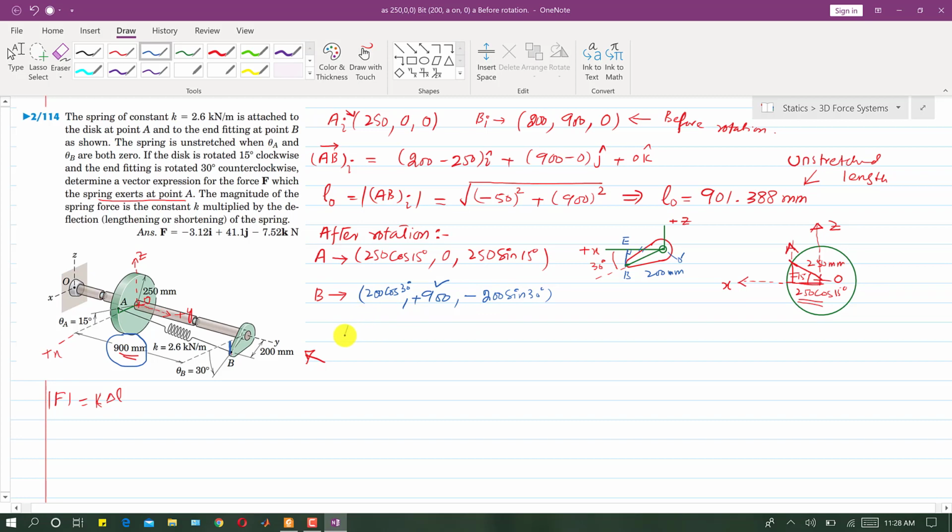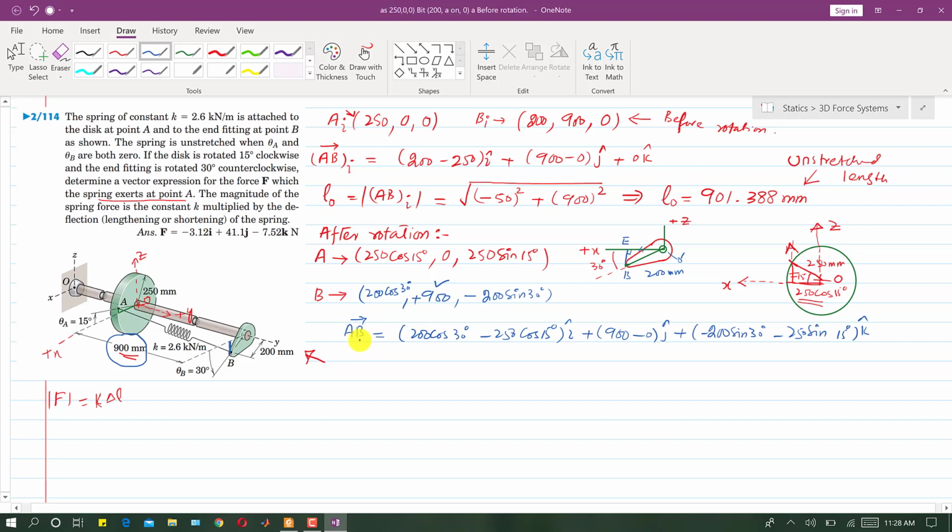So now what we will do is find the AB vector. So AB vector will be equal to 200 cos of 30 degrees minus 250 cos of 15 degrees I plus 900 minus 0 J plus minus 200 sine of 30 degrees minus 250 sine of 15 degrees into K. So this will be the AB vector, and this will be the stretched length.